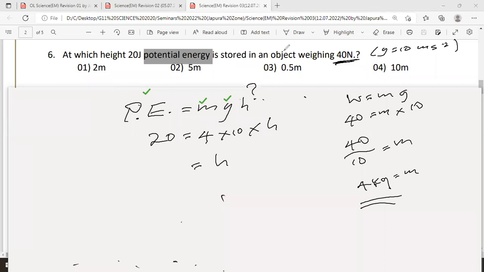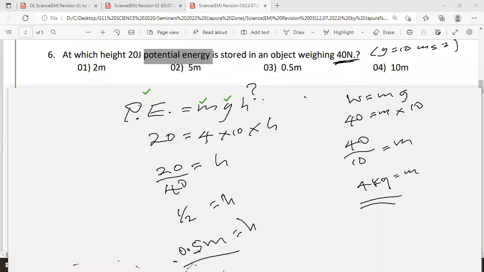So h equals 20 divided by 40, because 4 times 10 is 40. 20 divided by 40, the final answer will be a half, right? 20 times 1, 20 times 2, it's 1 over 2. 1 over 2 means half. So the height will be half, meaning 0.5 meters. Height is 0.5 meters.